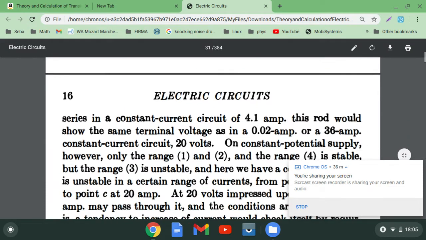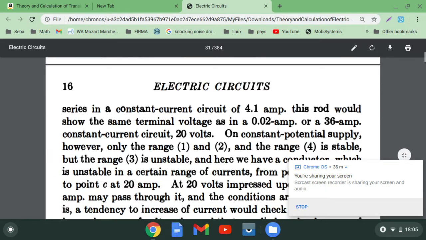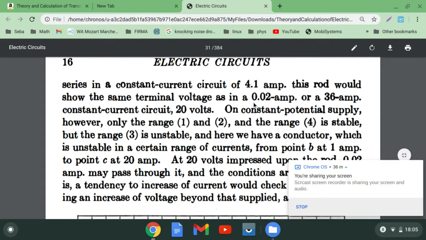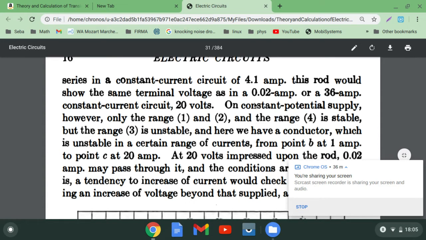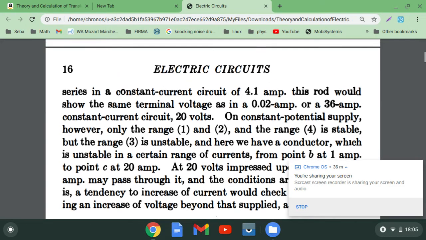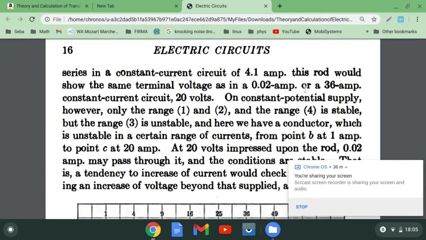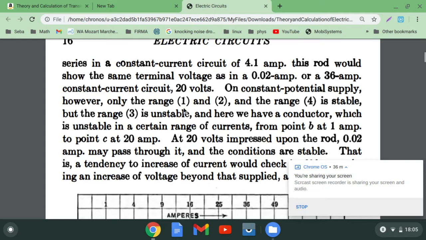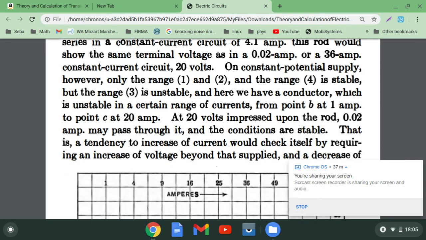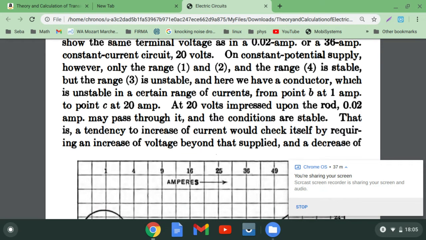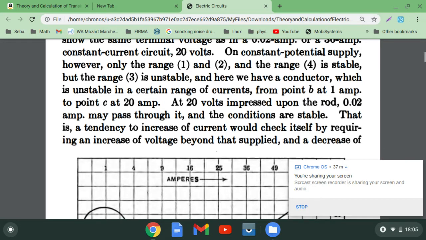That is, in series in a constant current circuit of 4.1 amp, the rod would show the same terminal voltage as in a 0.02 amp or a 36 amp constant current circuit, 20 volts. On constant potential supply, however, only the range 1 to 2 and the range 4 is stable, but the range 3 is unstable.